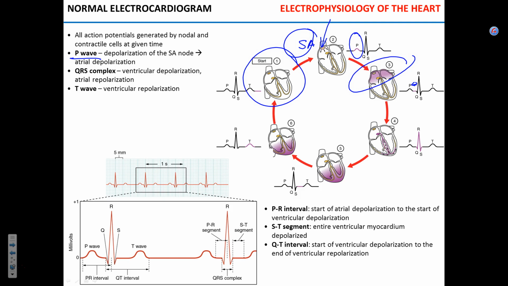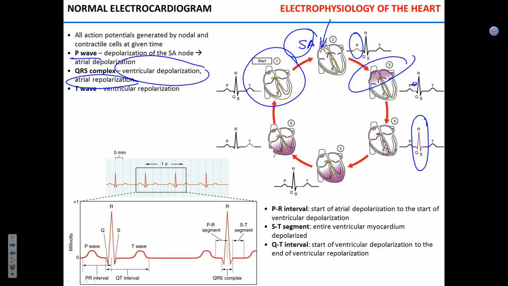The entire atrium is depolarized. Then, at some point, what's going to happen? So after depolarization, what happens? Repolarization. So it turns out that atrial repolarization and ventricular depolarization kind of overlap, producing a set of waves that is called QRS complex.